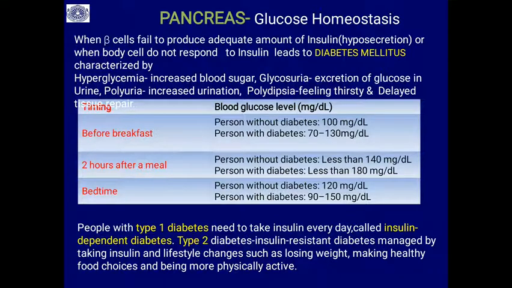So when the beta cells fail to produce an adequate amount of insulin, that is the hyposecretion of insulin, or else the body cells do not respond to the insulin, this leads to the disease diabetes mellitus. India is the leading country in diabetes mellitus, as our main diet is carbohydrate-based.